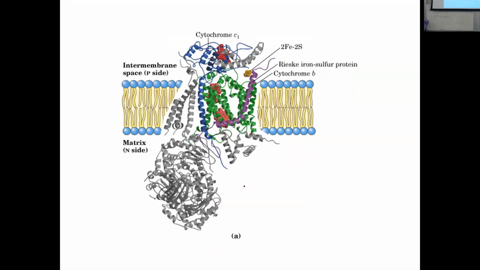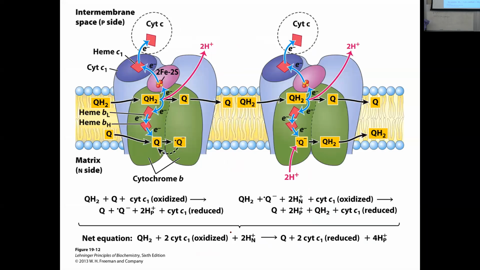Complex 3, we're going to walk through this, but this contains 11 proteins. It contains hemes. It contains one iron sulfur cluster that is shown up here. It's called a Rieske protein. The iron sulfur cluster is part of that.